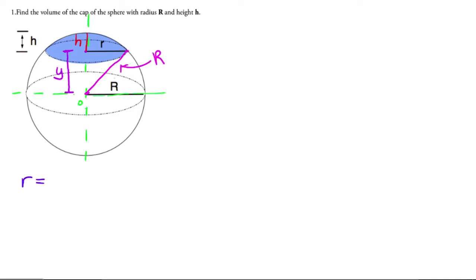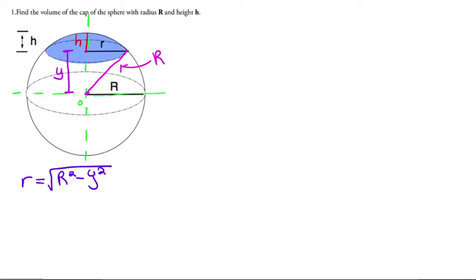If that's R and the distance from here to here is y, then little r, by the Pythagorean theorem, is the square root of R squared minus y squared. I'm looking at this triangle right here.